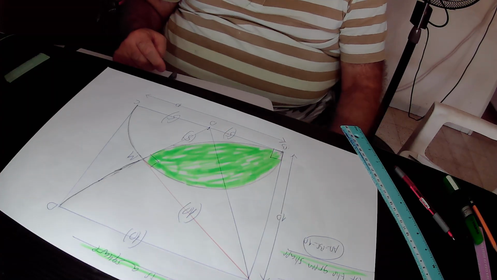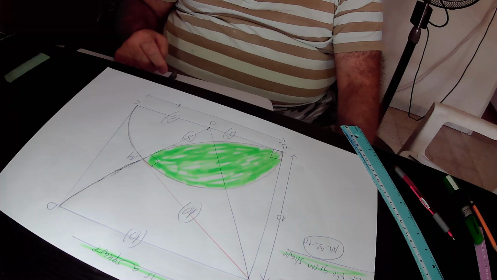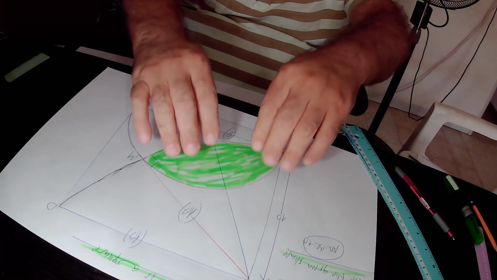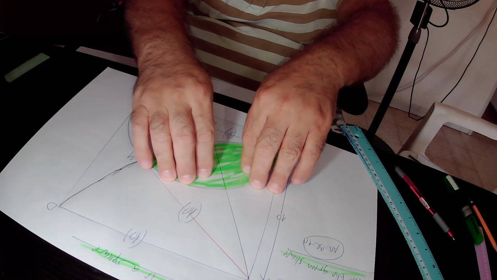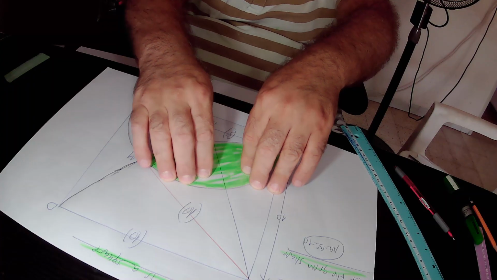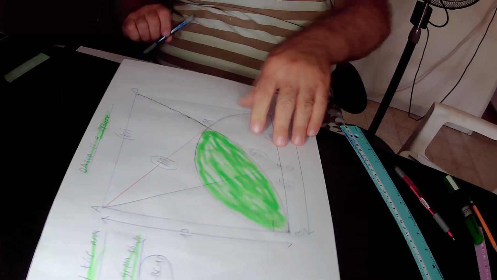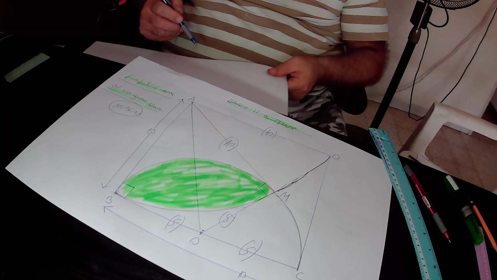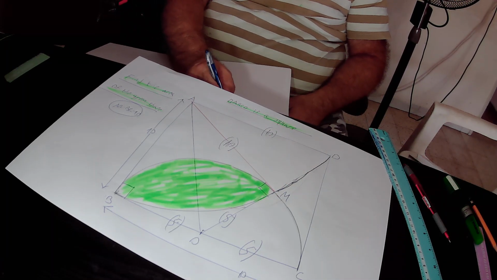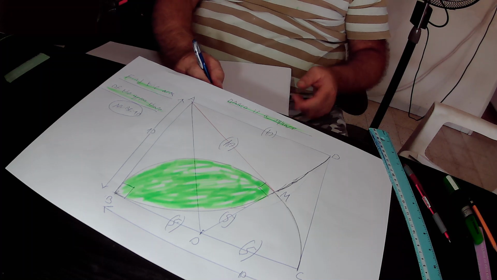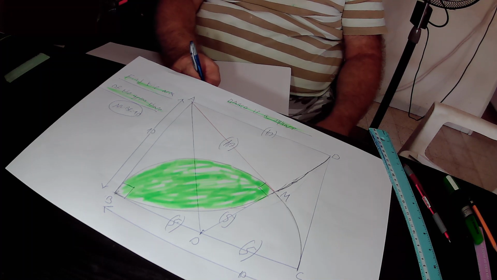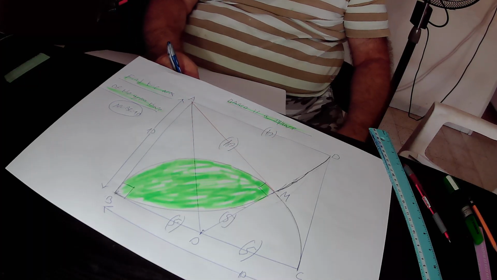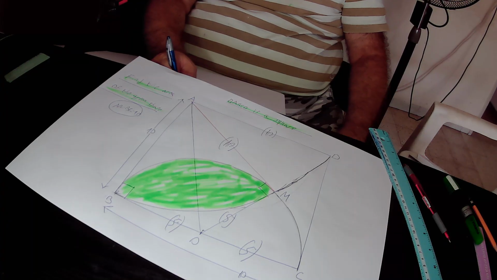So, in the next step, we'll prove those two right triangles are congruent according to the SSS rule. So, write it down. We prove that the right triangle AOM is congruent to this right triangle AOB or ABO according to the SSS rule.